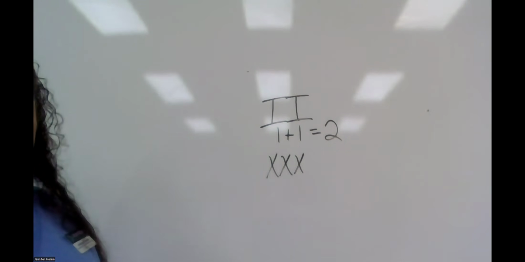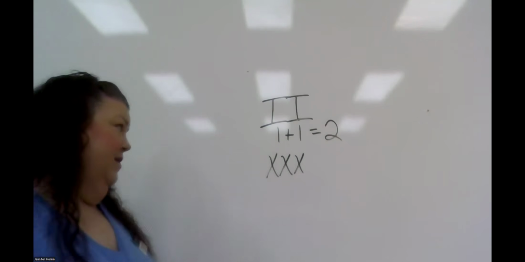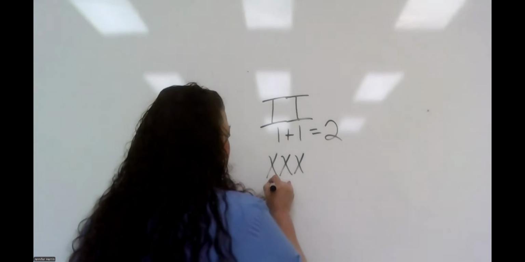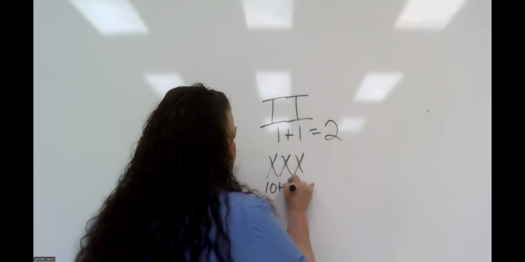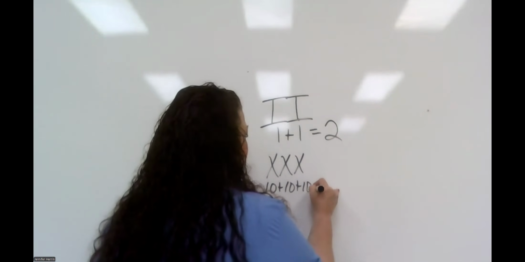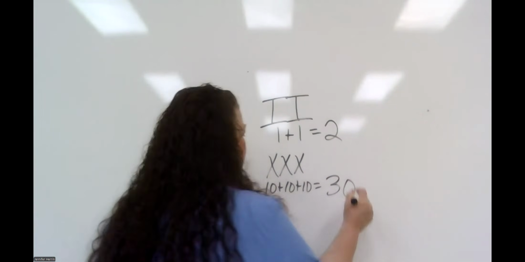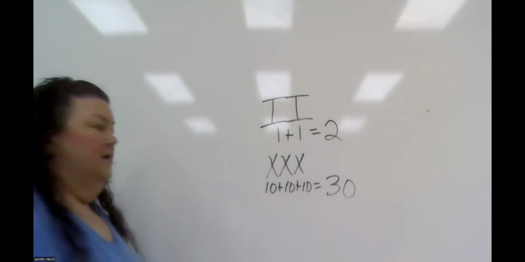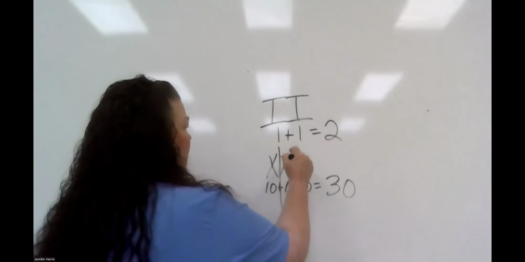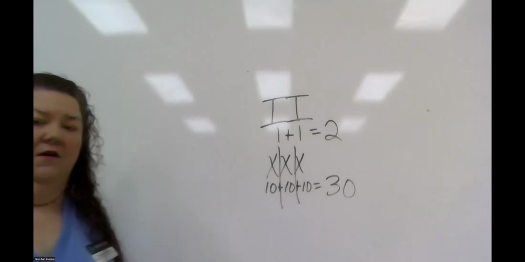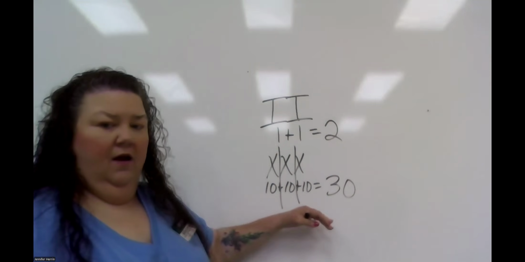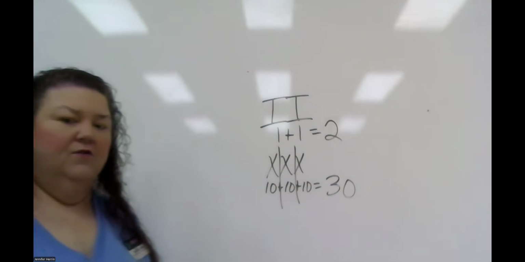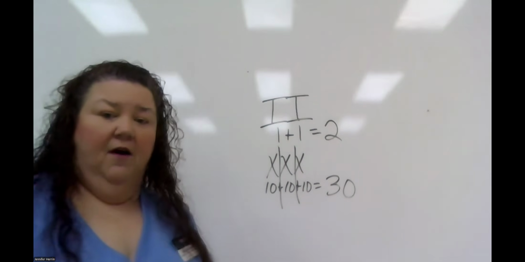Because again, we can't repeat this Roman numeral character more than 3 times in a row. This literally becomes 10 plus 10 plus 10. That is 30. Some people like to put a line like so to help keep track of how to add these values together, and that is perfectly fine.